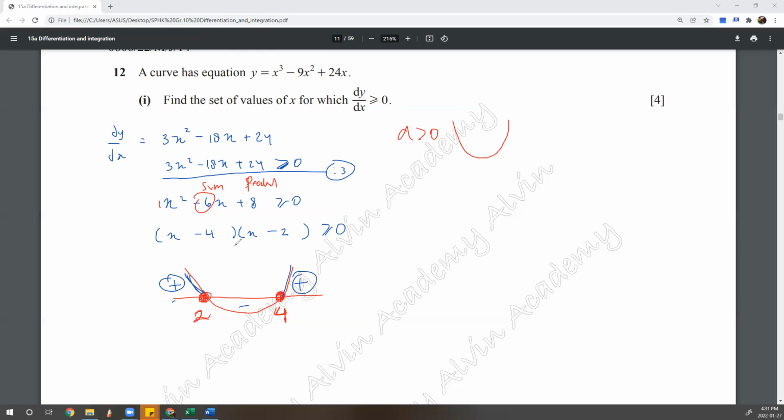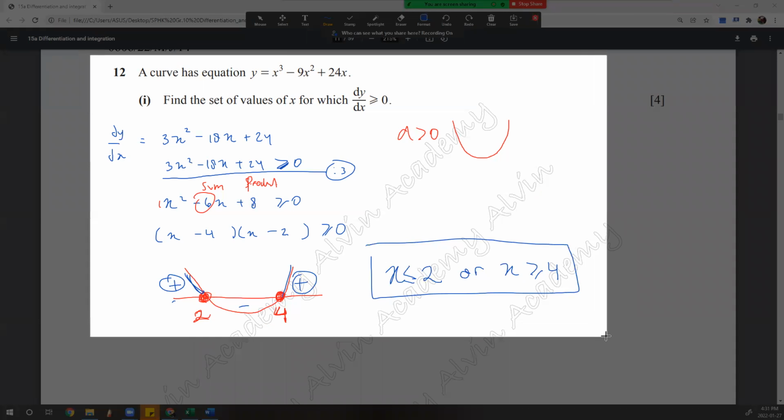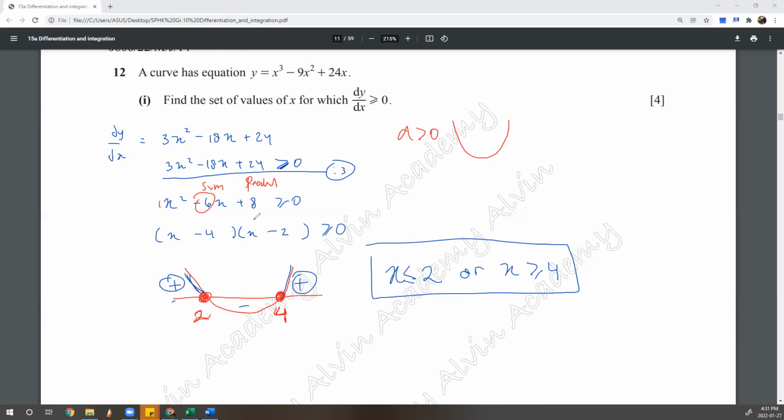So the answer will be x less than or equal to 2 or x more than or equal to 4. This will be your satisfying answer. You need the help of previous understanding about quadratic functions.